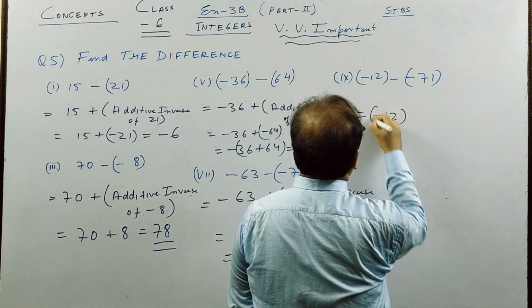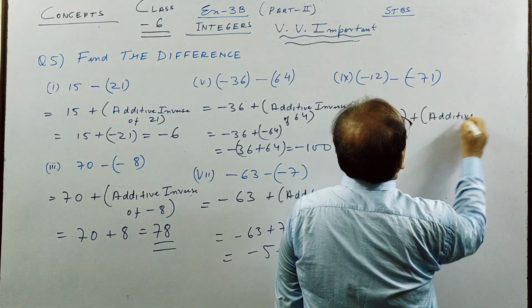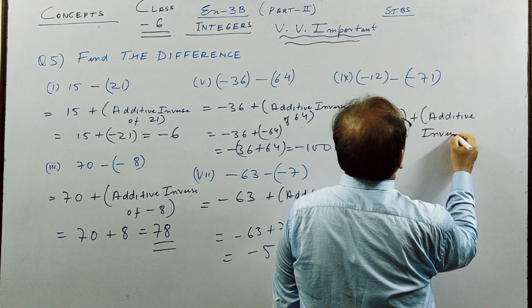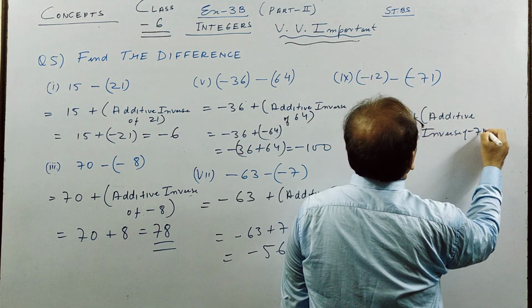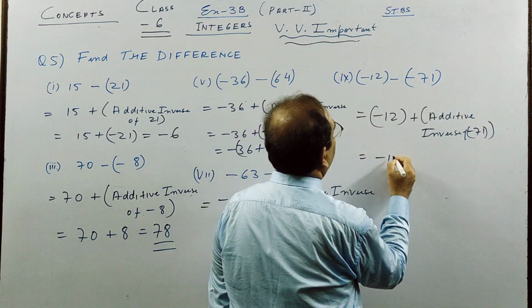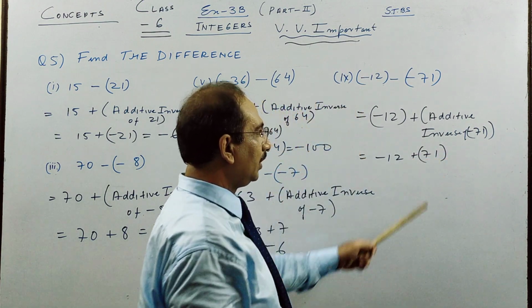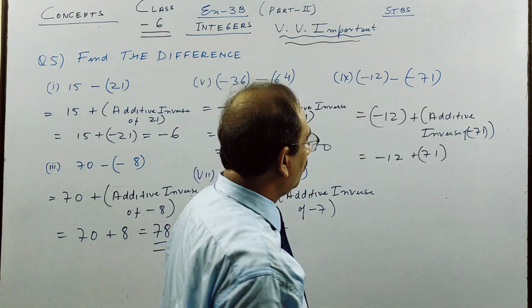Same way here, plus additive inverse of minus 71. So what do we get? Plus 71. Additive inverse of minus 71.